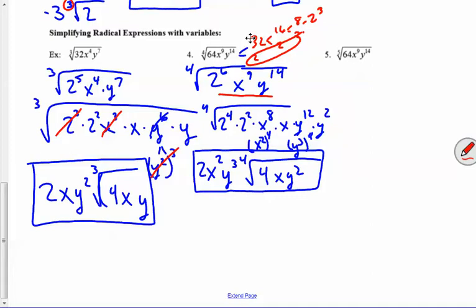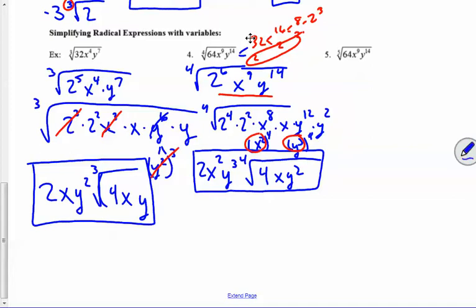So out of 6, I can divide it 4 and 2. 9 gives me an 8, which will divide by 4, right? So x squared to the 4th. And the 14, I broke it up into 12 and 2, because 12 divides by 4 to give me 3, right? So that explains why I have the x squared here and the x and the y to the third on the outside. So this is probably the trickiest part about reducing these radicals.